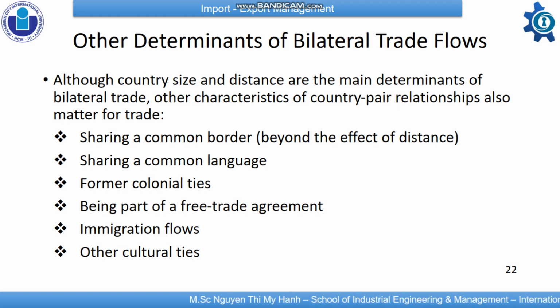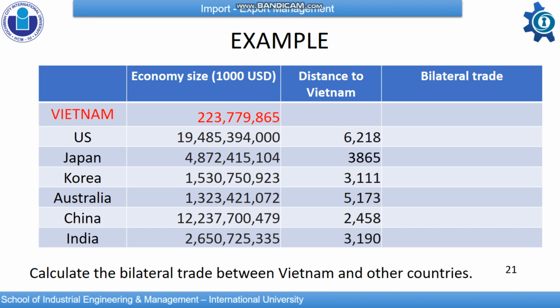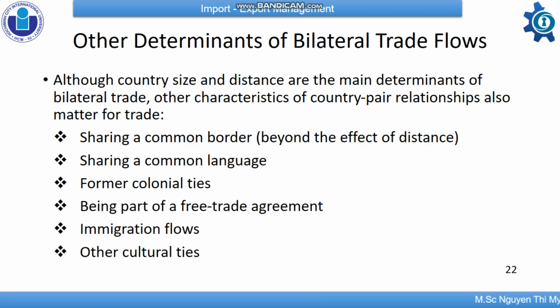For example, they share a common border. So when you calculate here, maybe you can find that China and Vietnam have more trade volume because we have a common border with China.